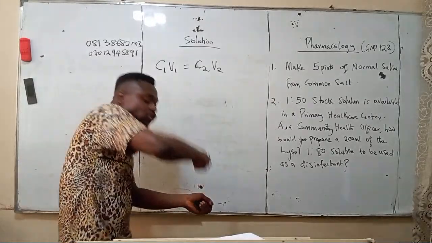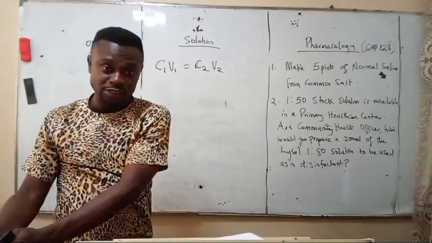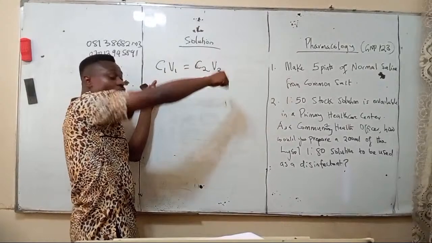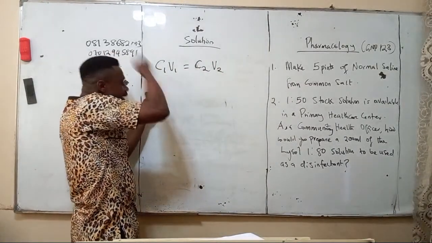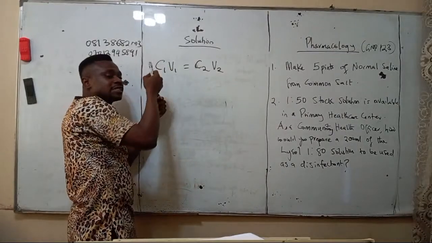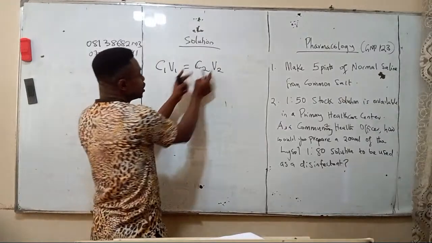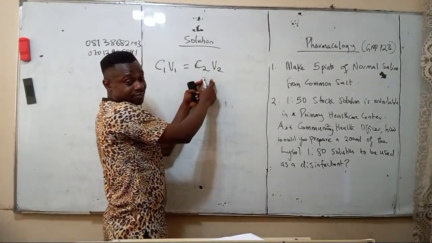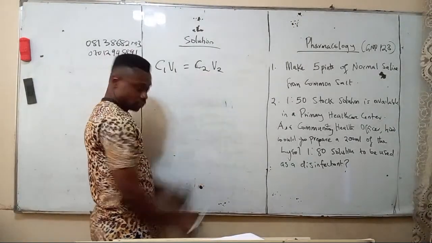From where you took the solution, you will add water and dilute to produce another concentration. So we take some volume from this stock solution, the concentrated Lysol, and dilute it with a particular volume of water to produce this second solution. This is the one that you now use as disinfectant. It will have concentration C2 and volume V2.